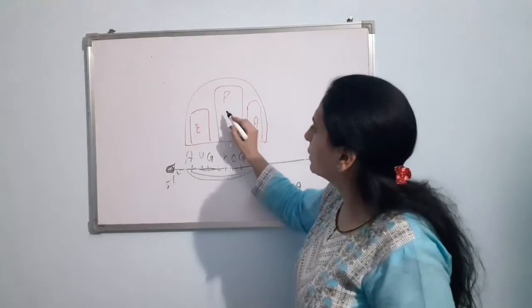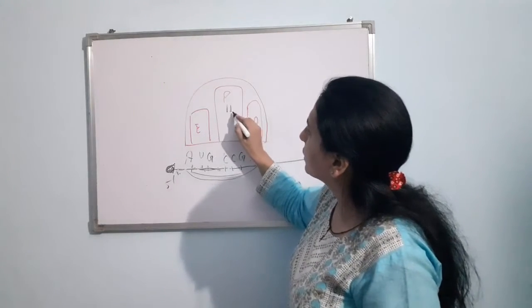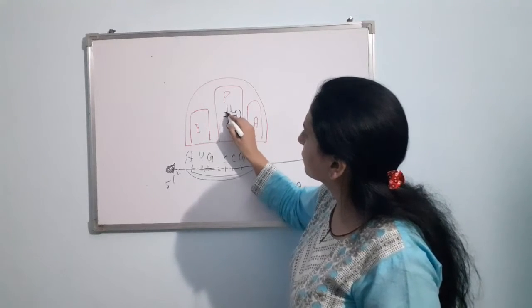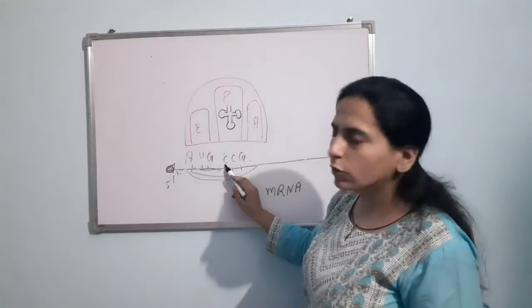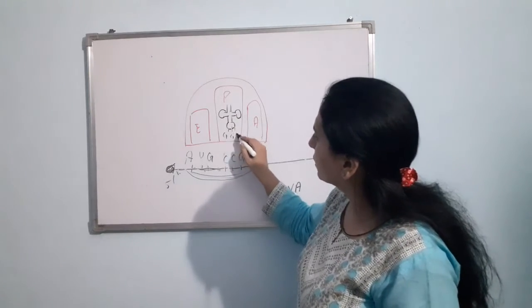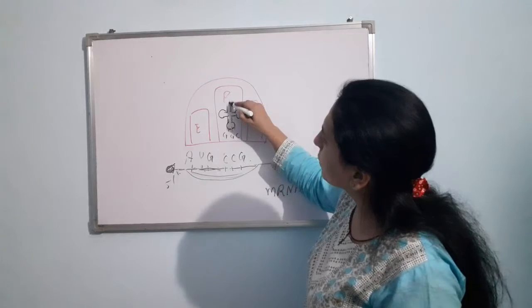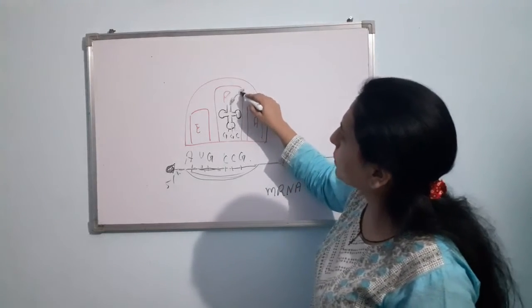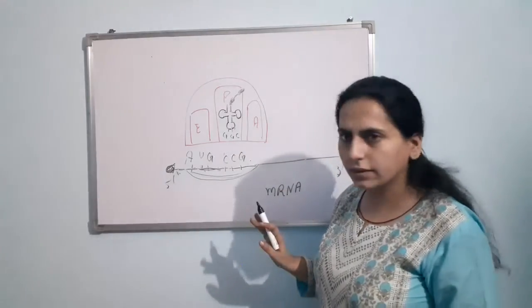Now let me make the charged tRNA. It was having the anticodon for this, C, G, G, C, and it was having the amino acid peptide that we have discussed, right?